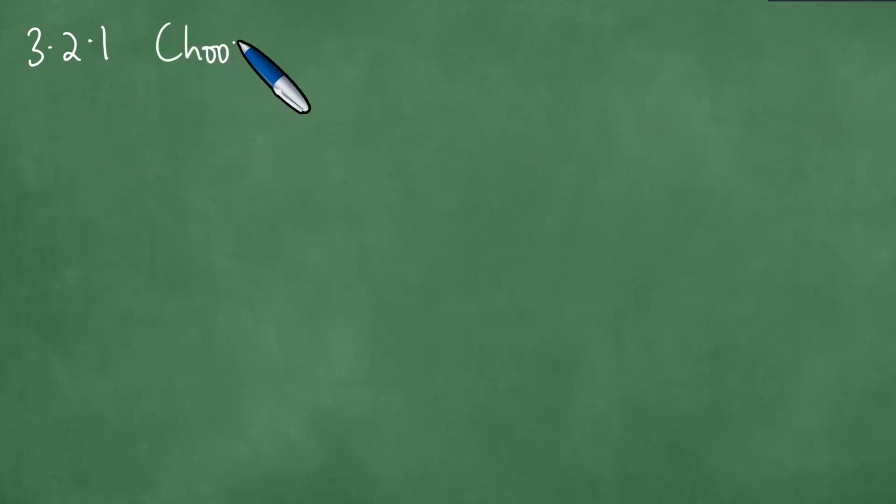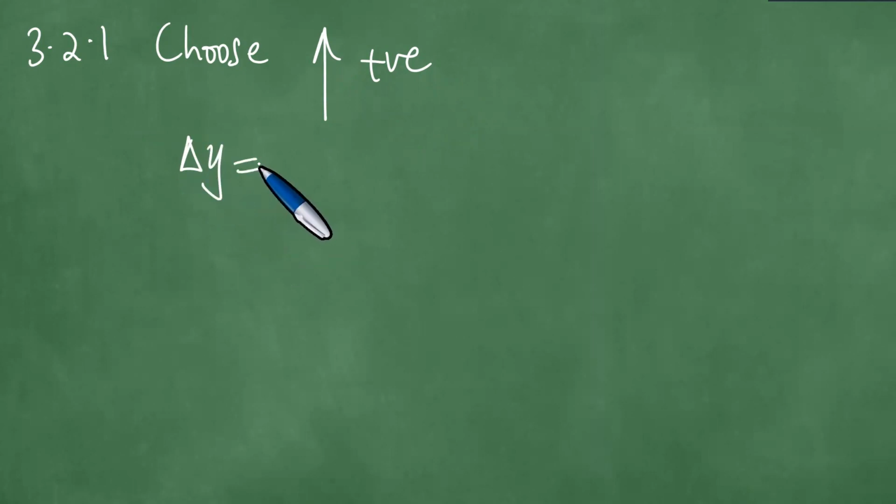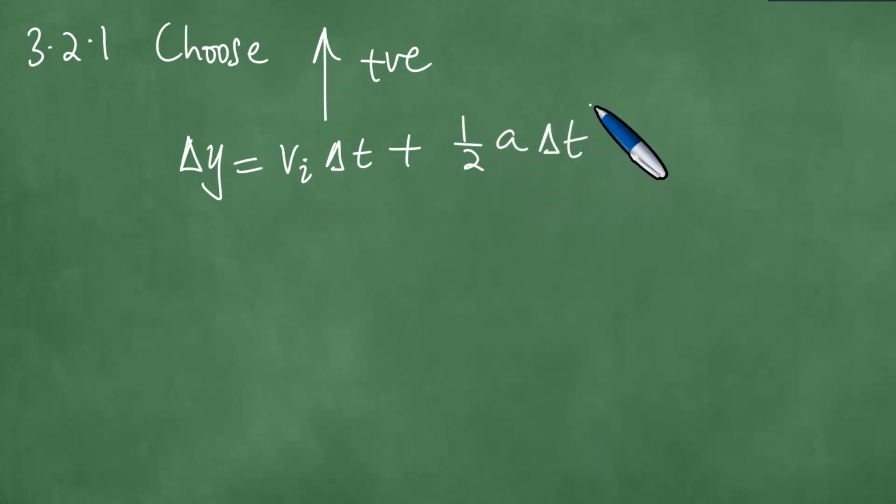Choose upwards as positive. Which means delta y is equal to vi delta t plus 1/2 a delta t squared.